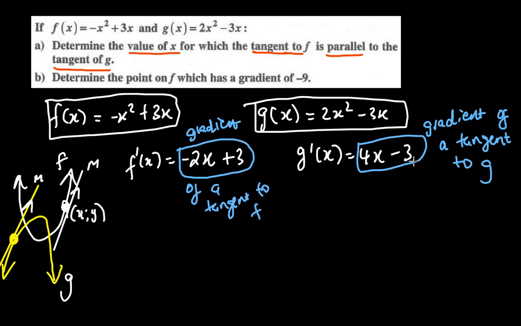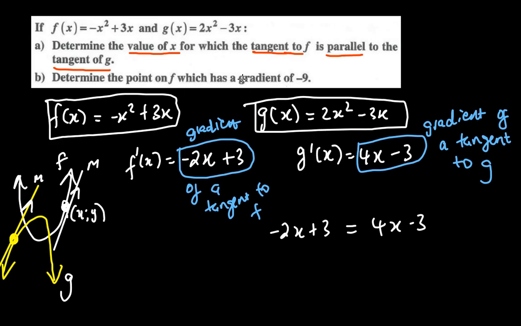Those gradients must be equal so that those lines have the same gradient. So negative 2x plus 3 must be equal to 4x minus 3. The gradient of a tangent to g must be equal to the gradient of the tangent to f so that those lines are parallel to each other.